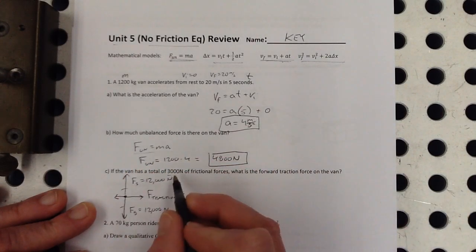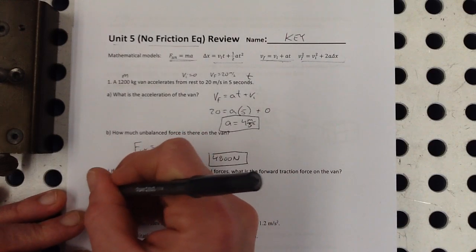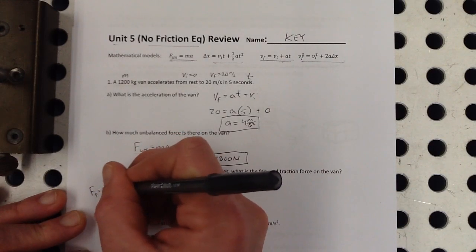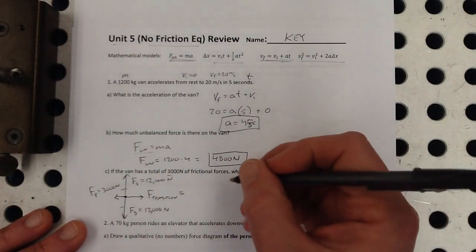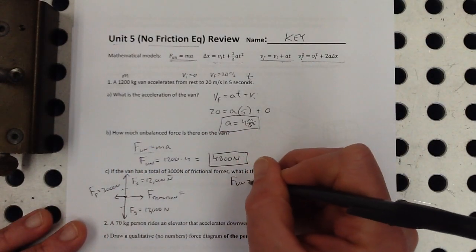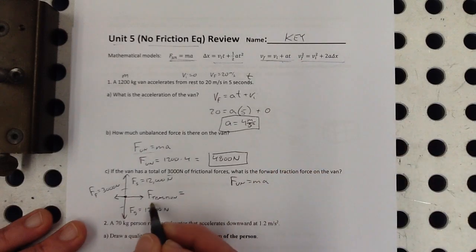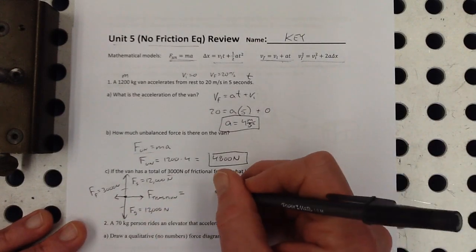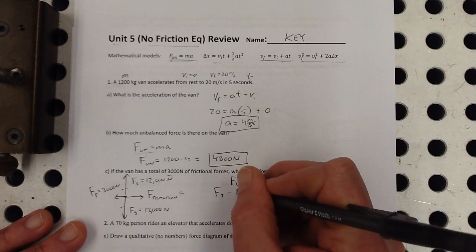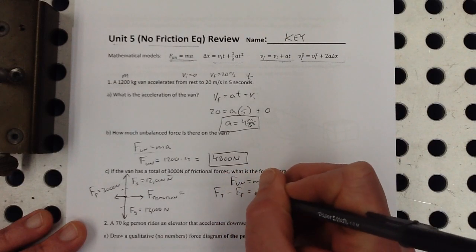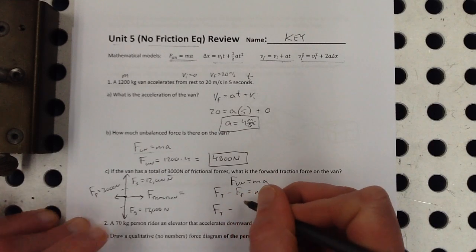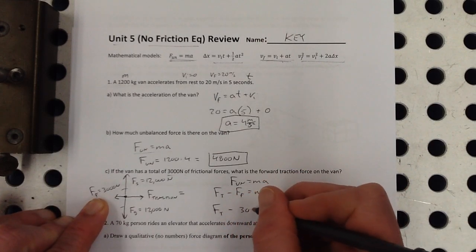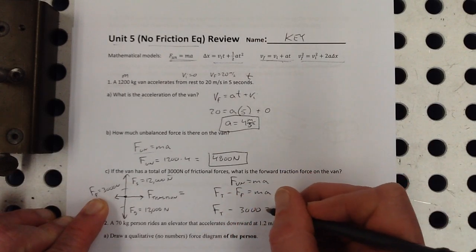And friction there. So my unbalanced force equation, I've got traction winning, friction losing. 3,000 newtons of friction force.